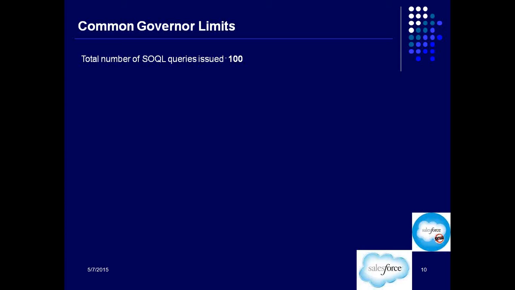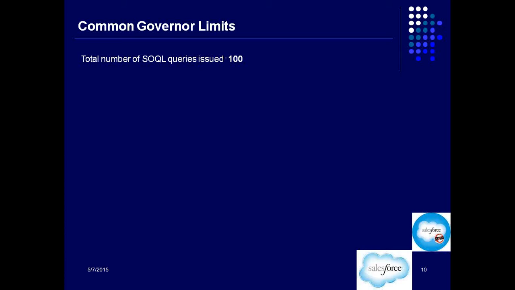Okay. Usually we don't write 100 SOQL queries one by one in any method, but if you have written a SOQL query inside a loop, okay, let's say I've written a SOQL query inside a loop and that loop runs more than 100 times, then the number of SOQL queries also becomes more than 100.